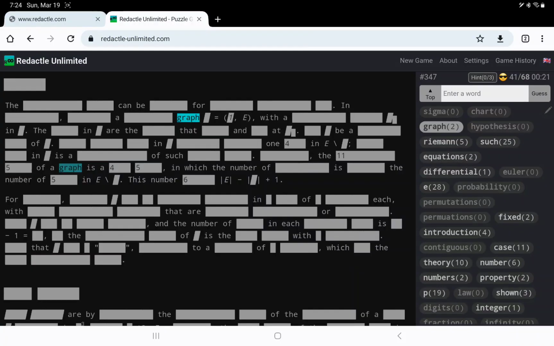Well, my girlfriend suggested a couple of words to me. So I've tried graph, and there are two matches in the same paragraph. And then seeing this, I'm now thinking of some other words. So particularly here where it says the 11.5 of a graph is a 4.5.